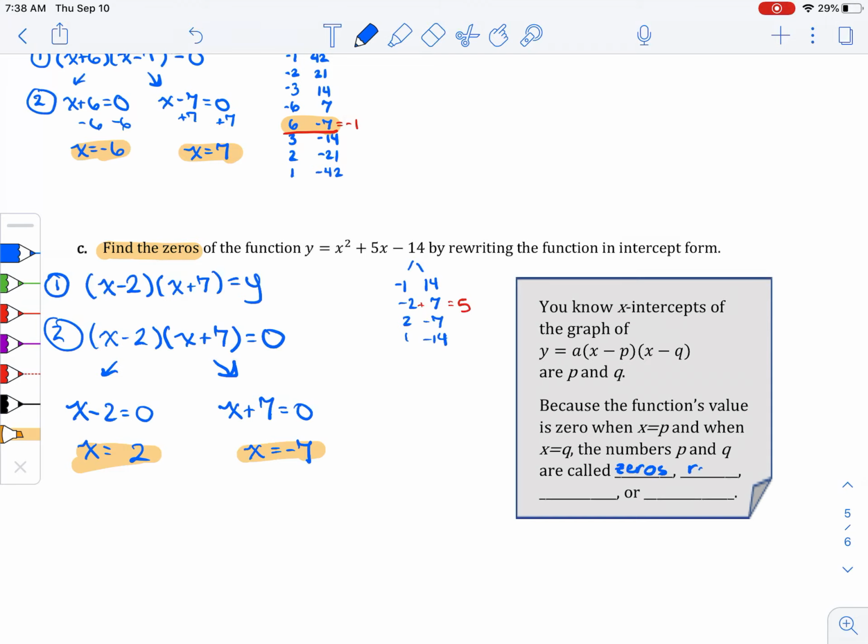They're called roots, solutions, or x-intercepts. So you just have to be flexible and understand that those are all the same things. I don't know why we have so many different words for them, but we do, so we're going to make sure that we know what each question is asking for.